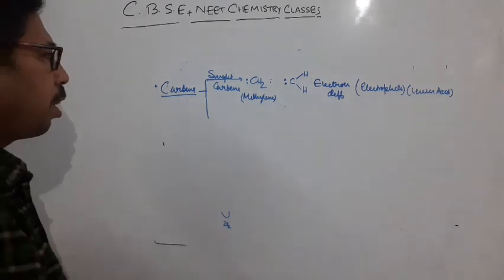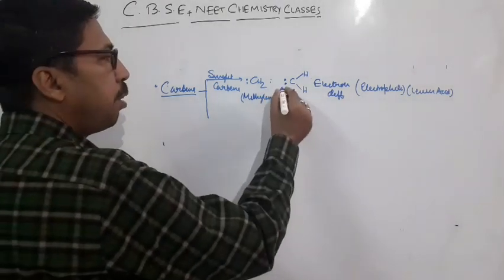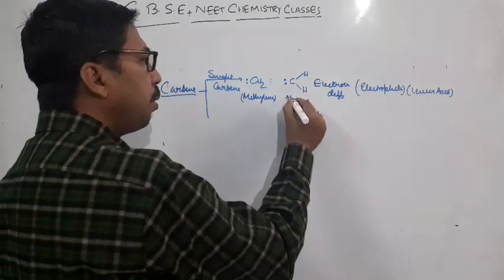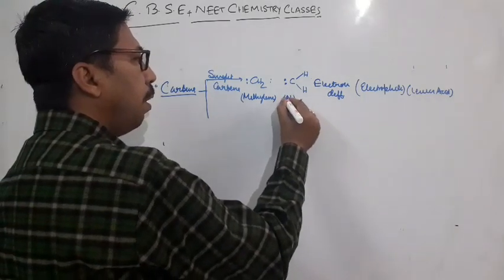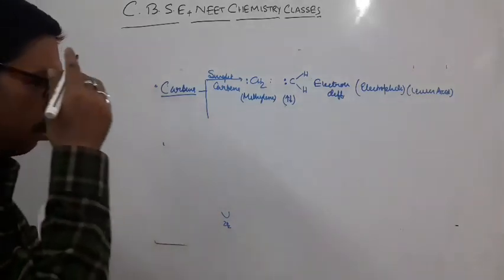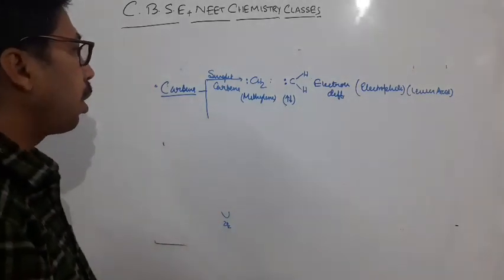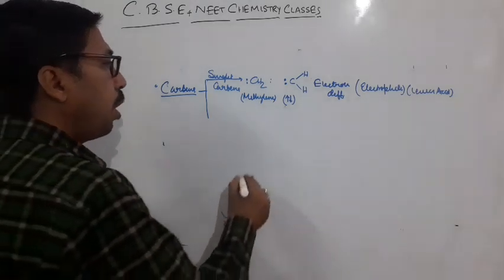And singlet carbene represent like this, in which unshared pair of electron represent like this, so that the multiplicity of the carbene is 1.